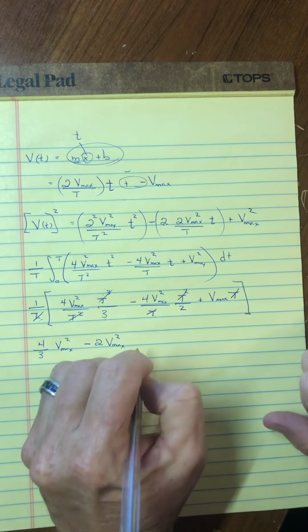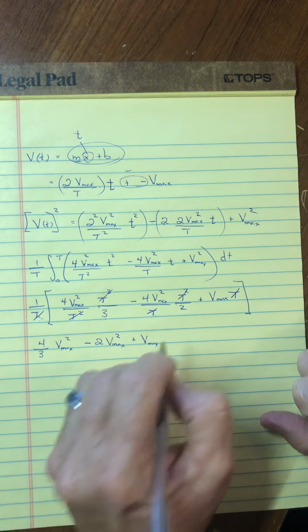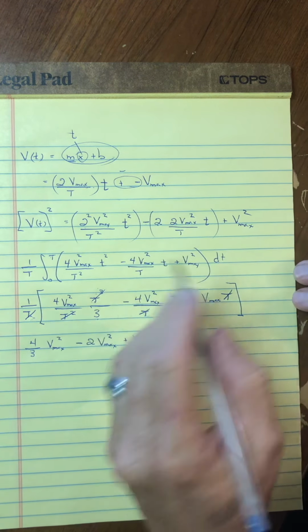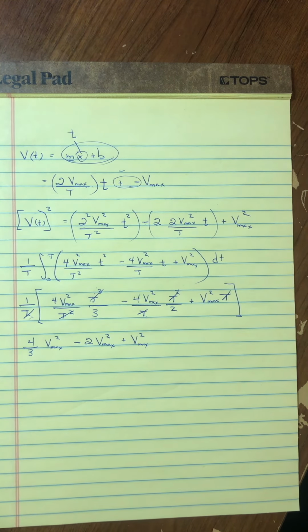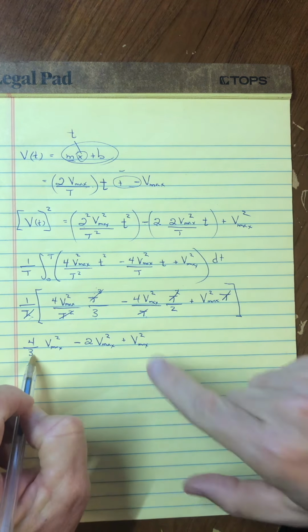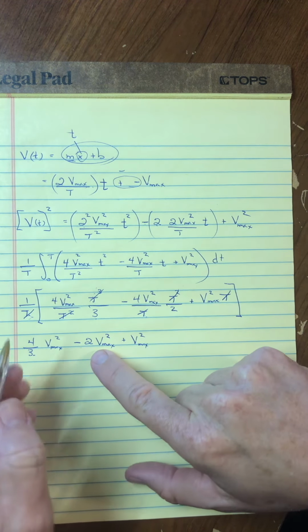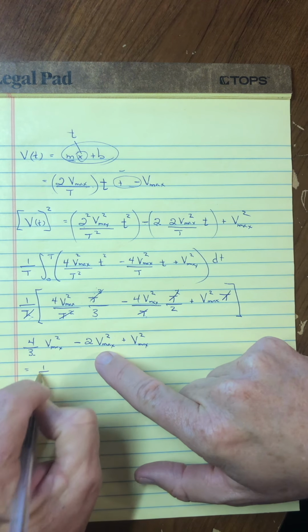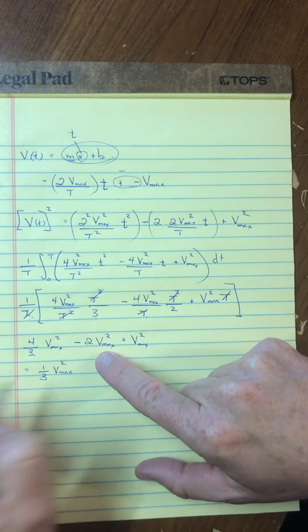And then this would just be plus a Vmax. It looks like I forgot to put a square there, but that should come on down there. Okay. So let's see here. This is 1 1/3, and this one makes 2 1/3. And so then when we subtract 2, we have 1/3 of Vmax squared.